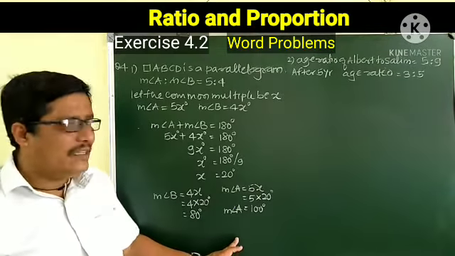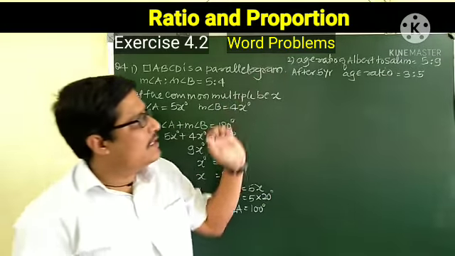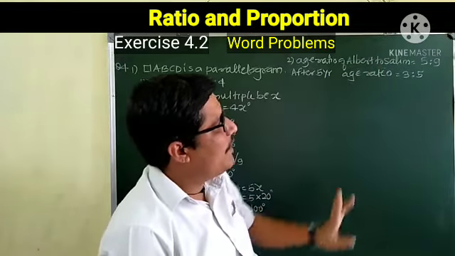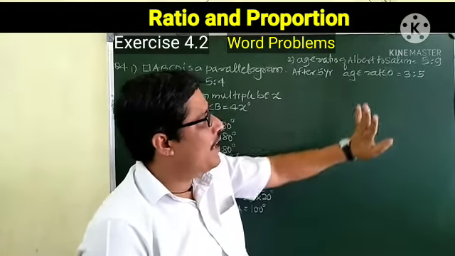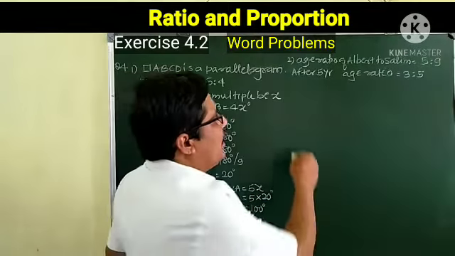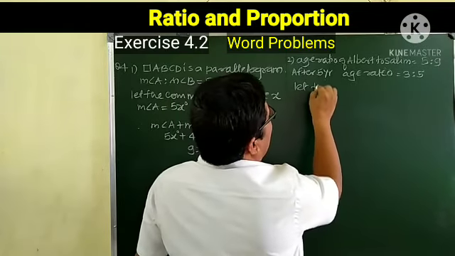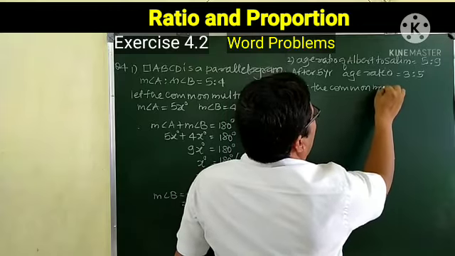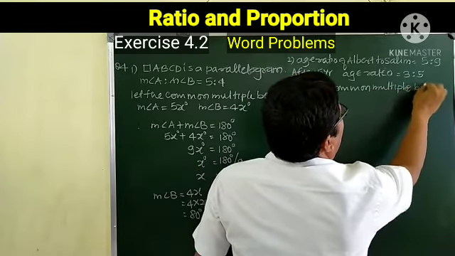Lastly we have to write the answer in a sentence. Now in the same way, second example: the age ratio of Albert to Salim is 5:9 and after 5 years it will be 3:5. So here we have to take a common multiple. So answer: let the common multiple be x.